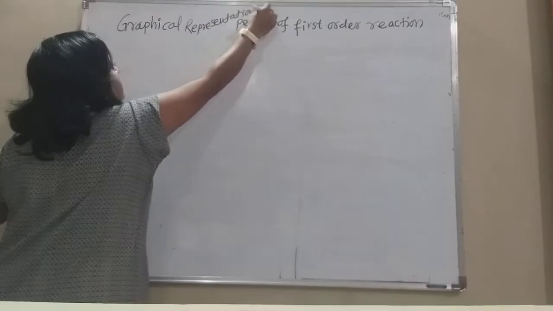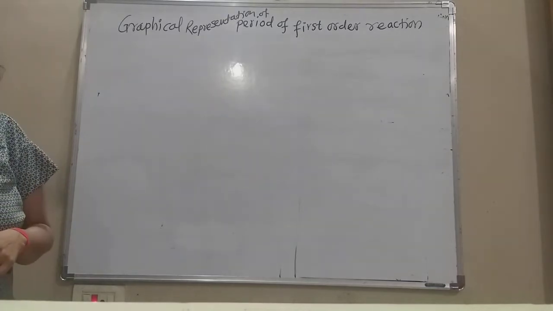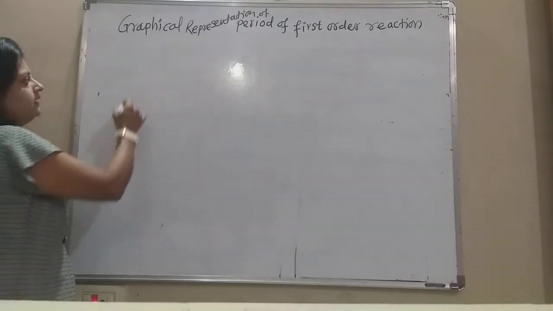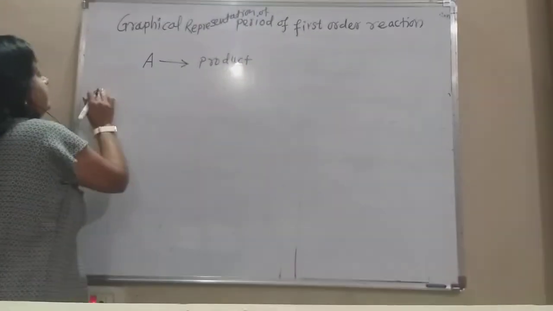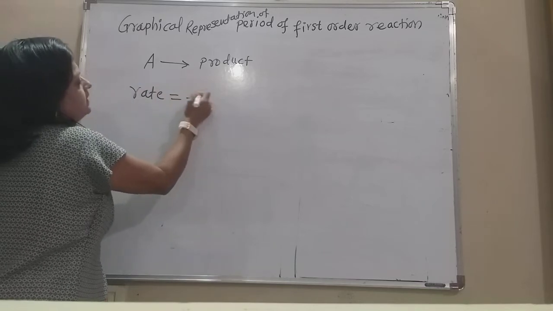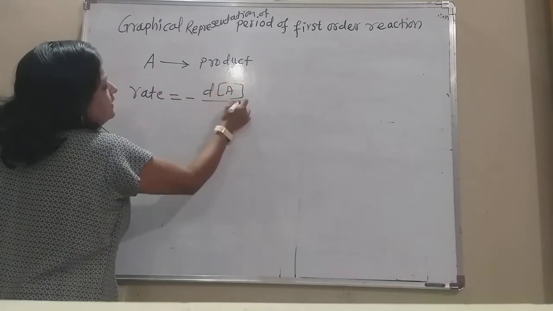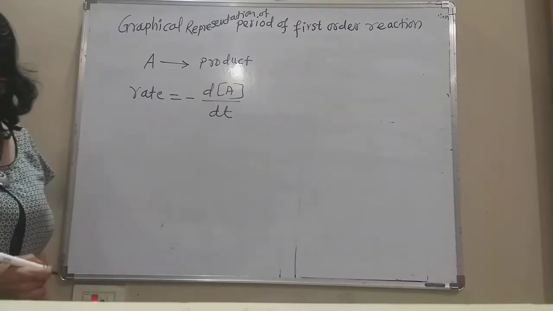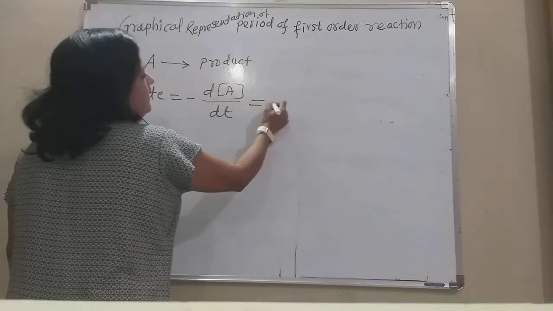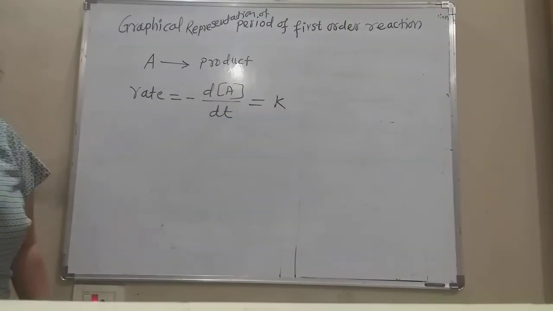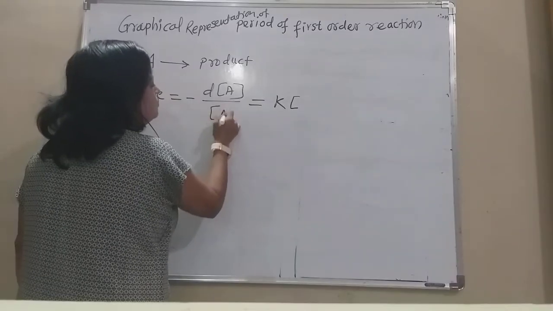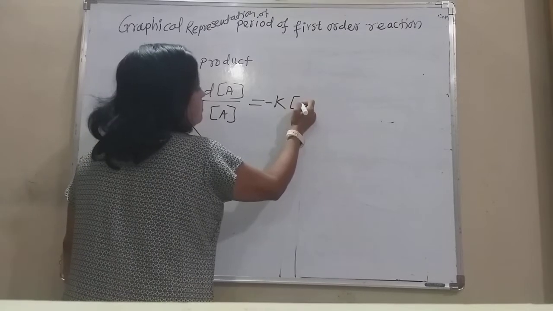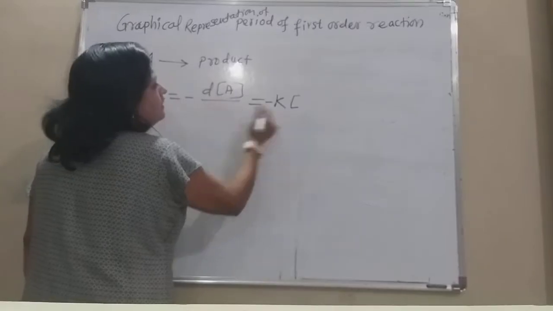If we plot the graph for this equation, the reaction is A gives product, so the rate is equal to minus d concentration of A divided by dt, and it is equal to K into concentration of A. So minus d[A] upon dt is equal to K into [A].